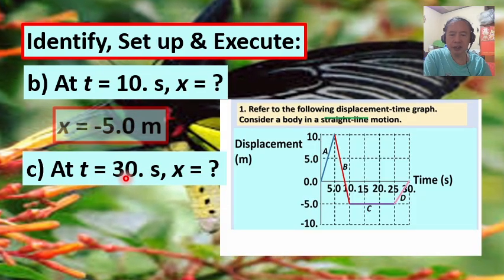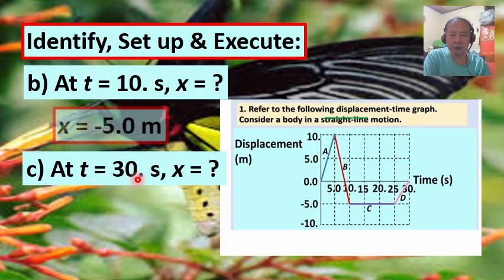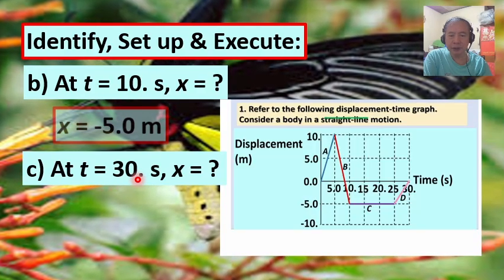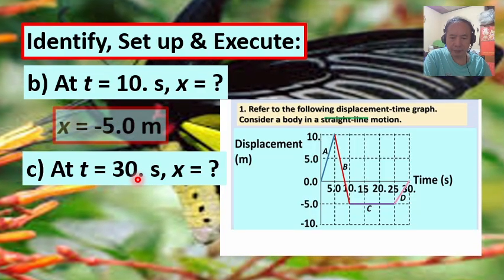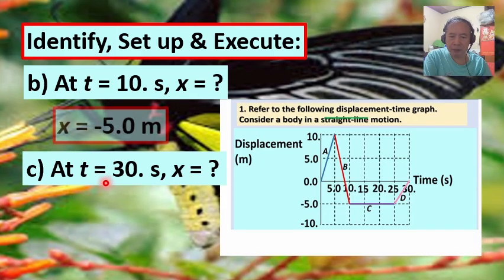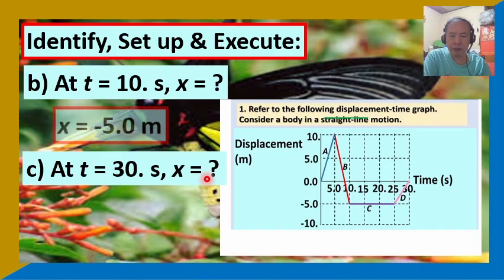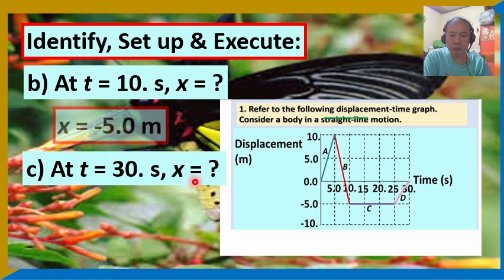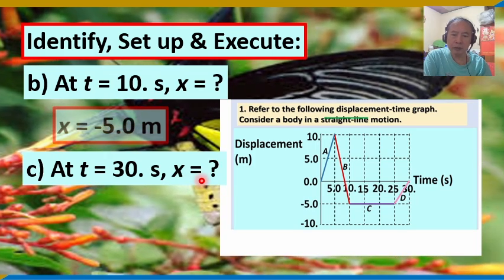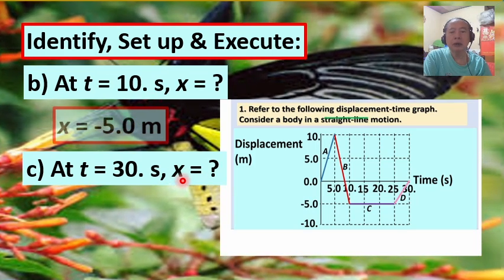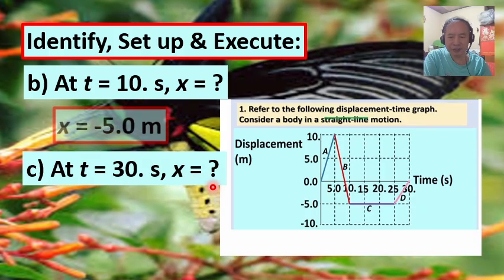The digit 3 as well as the digit 0 are considered significant. So at that time, t equals 30 point seconds, again, we ask the question, what is the position of the body along the horizontal? Or what is the value of x?